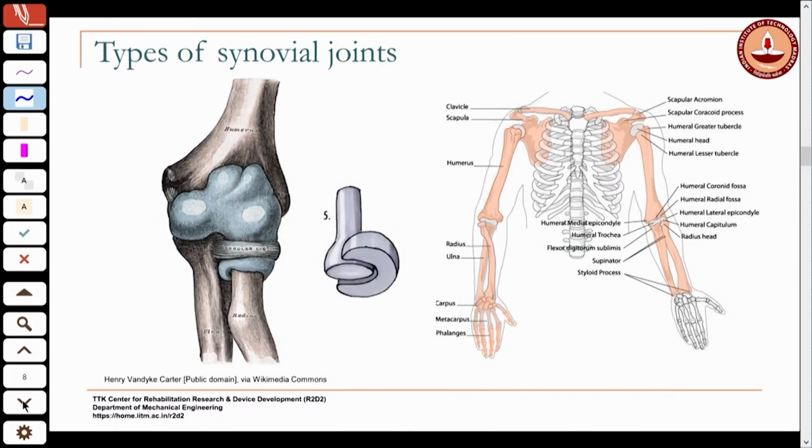Another example of the pivot joint. If you look at the arm, here is the arm with your palm facing forward. In your anatomical position, this is what your palm looks like.